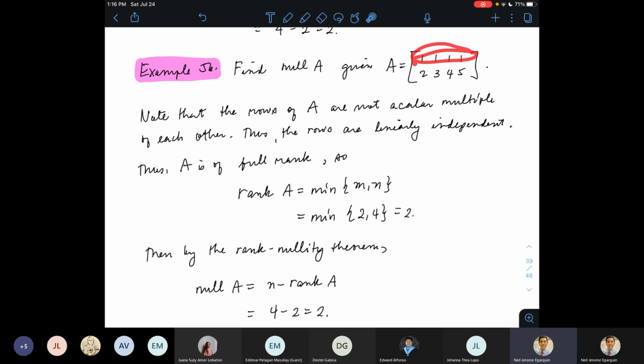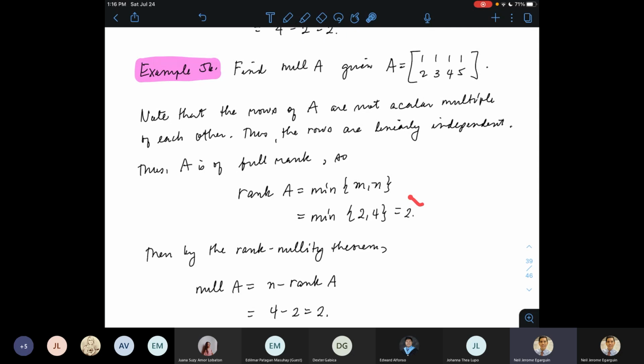Kasi lahat ng scalar multiple ni 1, 1, 1, 1 ay laging magkakaparehas yung components. So that means 2, 3, 4, 5 cannot be written as a scalar multiple of 1, 1, 1, 1. That means this row and this row are linearly independent, and so the rank of A is equal to 2. Okay? Kasi yun yung number of linearly independent rows.